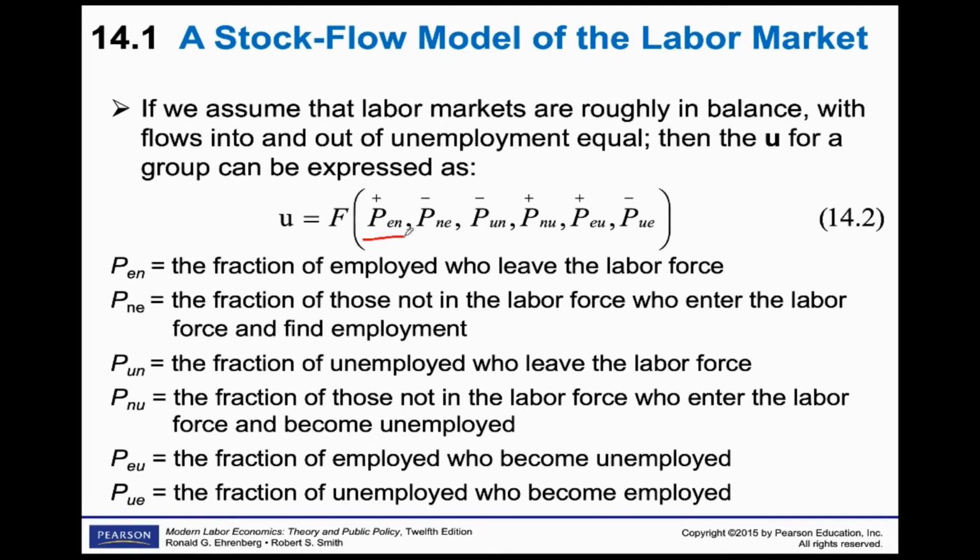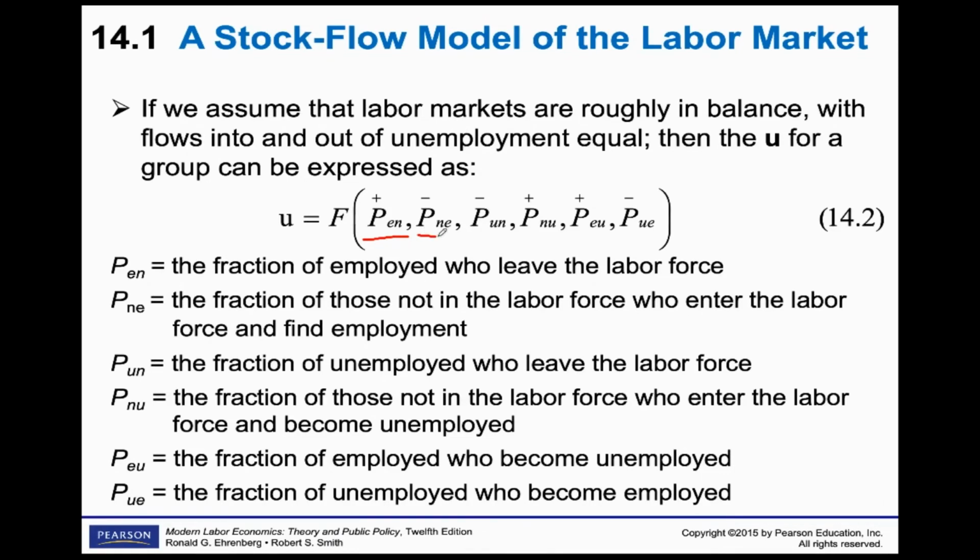And for that fraction, we have on top of this the positive sign. That means it has a positive effect on unemployment rate. That means the higher the fraction of unemployed who leave the labor force, the higher will be the unemployment rate.